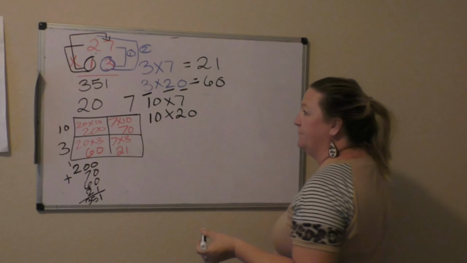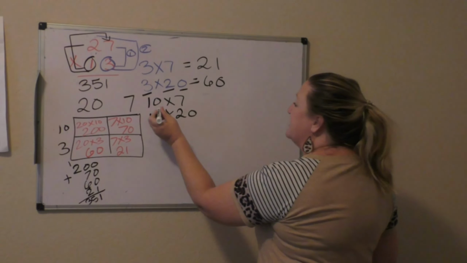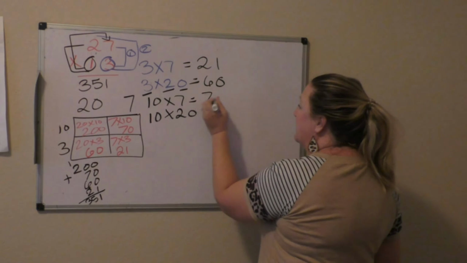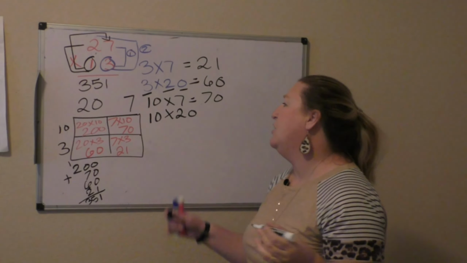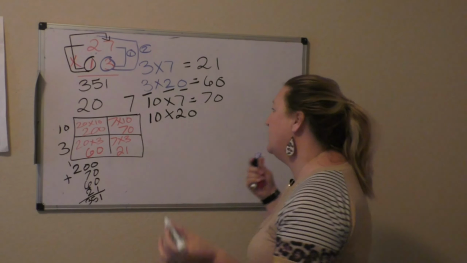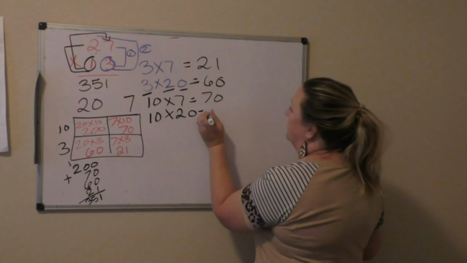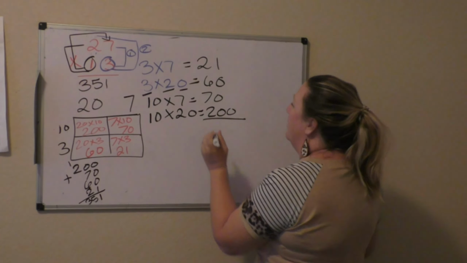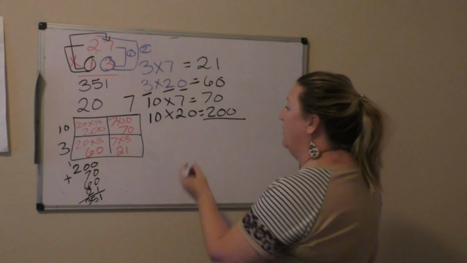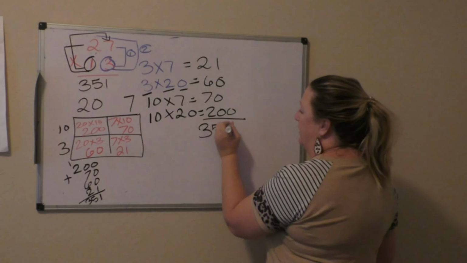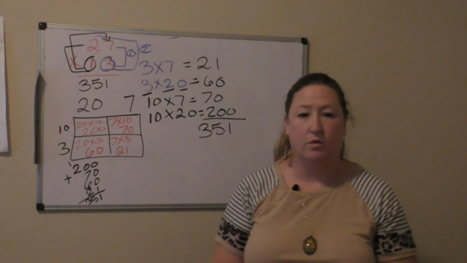Add my 0. I know that 10 times 7 is 70. And I know that 10 times 20 is 200. When I add all of that up, I once again am going to get 351.